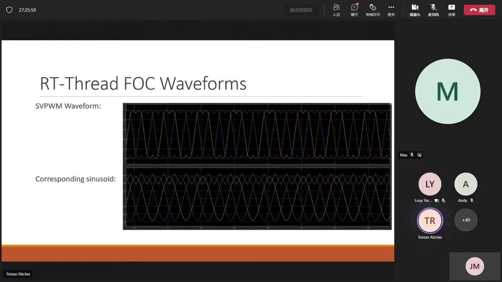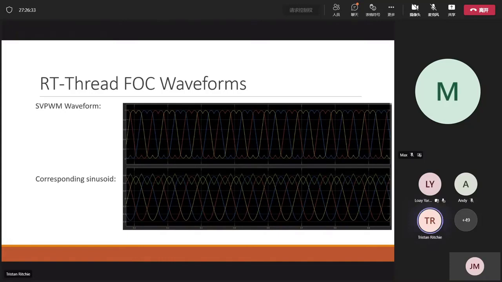To finish up, I'd just like to show some waveforms that I've taken from my implementation to demonstrate functionality. Unfortunately, I'm not able to give a full demo at this point as I'm not in the labs, but at least these waveforms will show some of what you would expect to see. This top waveform shown here is the time averaged PWM voltage from the PWM outputs.